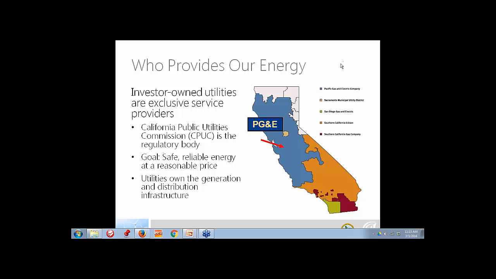The goal of the investor-owned utilities in California is to provide safe, reliable energy at a reasonable price. The utilities own the generation and distribution infrastructure throughout their territory. So in all the blue area here on the screen, PG&E owns all of the lines and transformers and power plants in that territory. We go to the next slide.